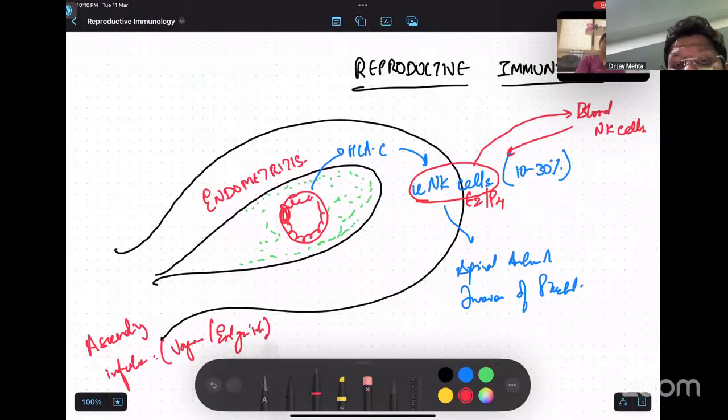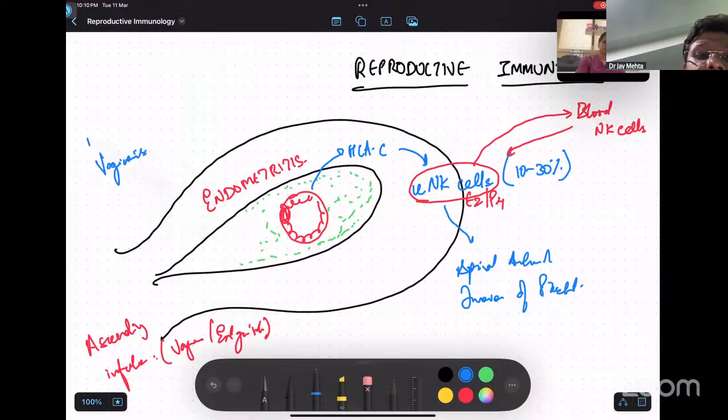And whenever you have endometritis, very important clinical point, it may or may not be associated with bacterial vaginosis. So just keep that in mind.